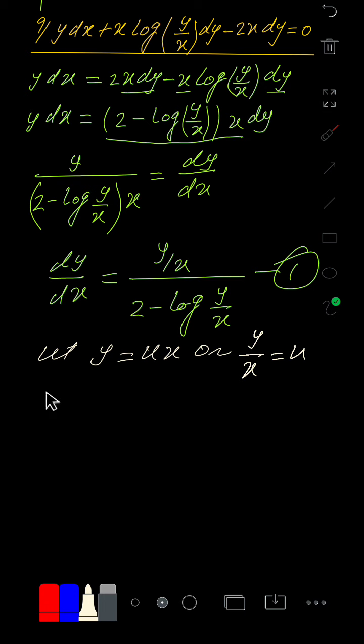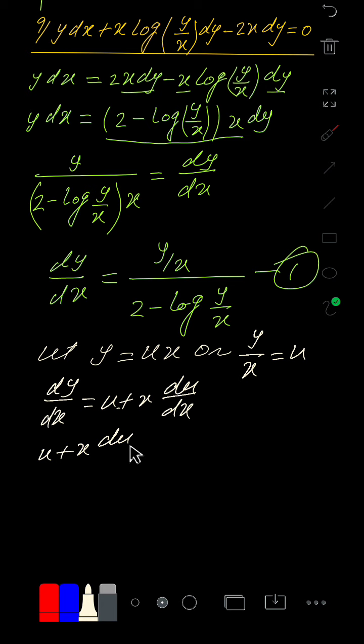Differentiating with respect to x, we get dy upon dx is equal to u plus x du upon dx. So replacing dy upon dx by u plus x du upon dx, with the help of this equation, we have u plus x du upon dx on the left hand side, and on the right hand side y upon x becomes u, because by this assumption y upon x is equal to u.